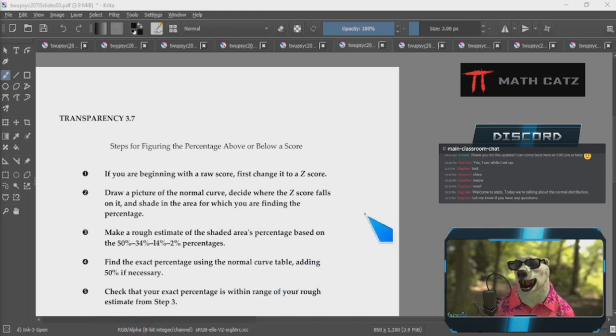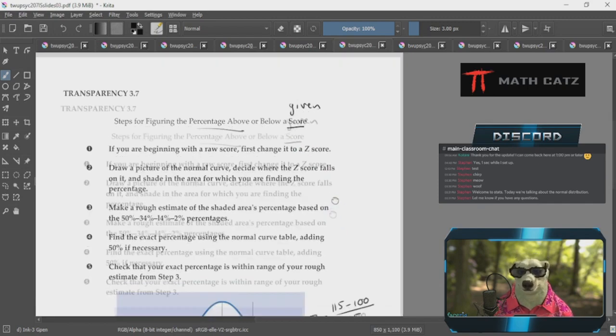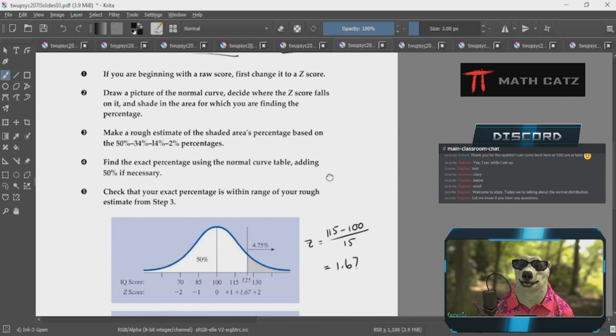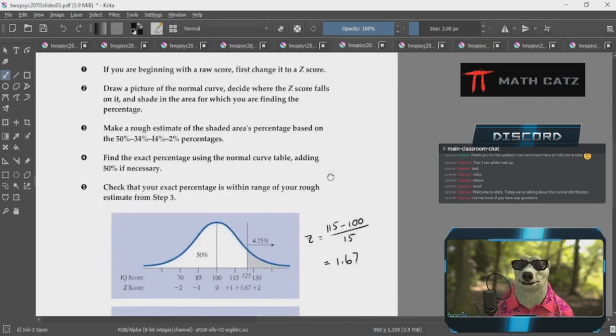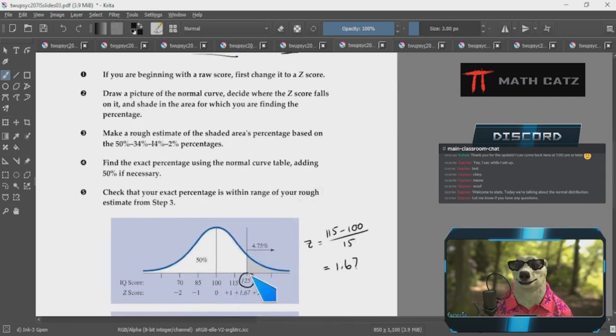So I am looking to perhaps calculate a percentage above or below a given score. What would I do? For example, before we look at the steps, let's suppose we are given a score of 125.